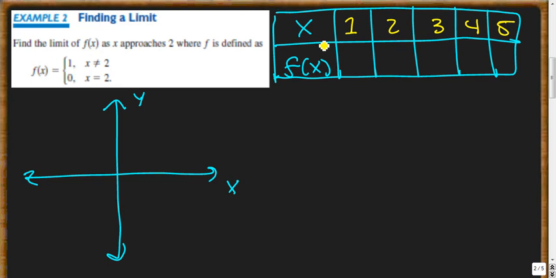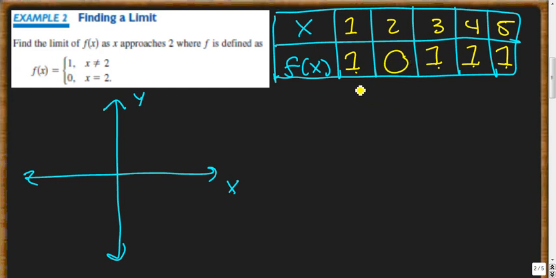Well, f of x is going to be 1 for every point except for 2. Now, just looking at it this way, what number would you expect? If this is a 1, and this is a 1, and this is a 1, and this is a 1, you would expect a 1 to go in there. But that's not the case here. It's actually a 0.